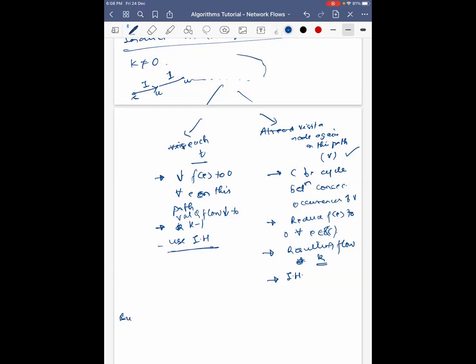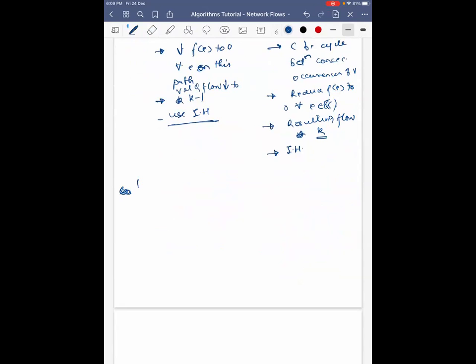So what we have essentially shown is that there are K edge disjoint paths in a directed graph from S to T if and only if the value of the maximum ST flow in G is at least K. So now all you need to do is to simply compute the maximum flow. Makes sense?